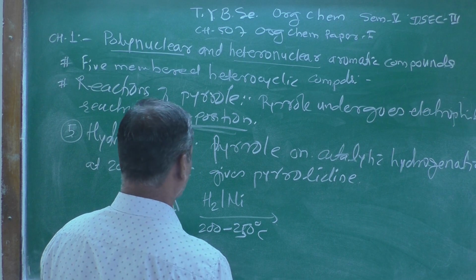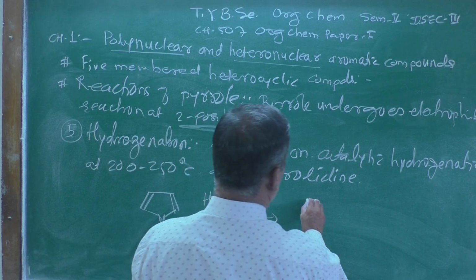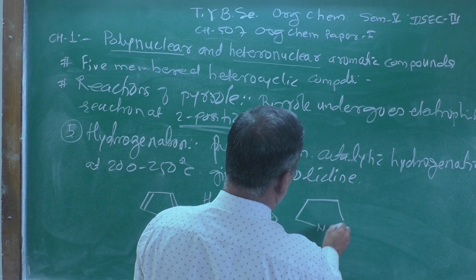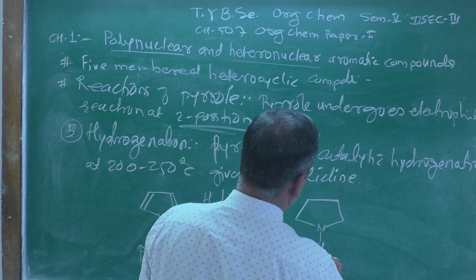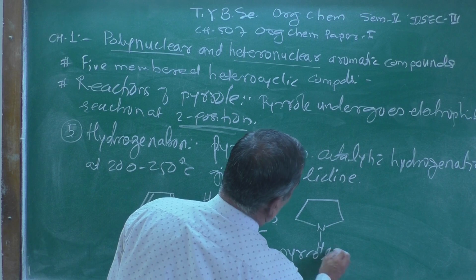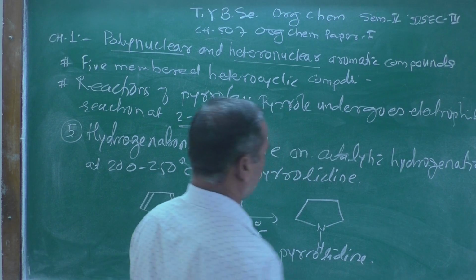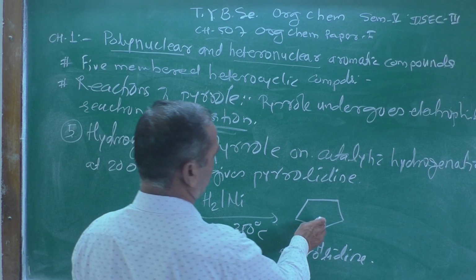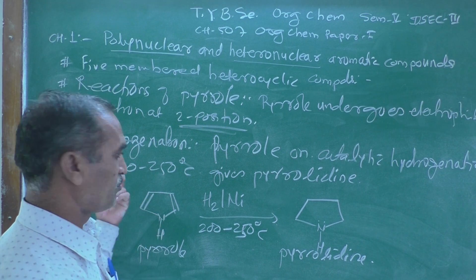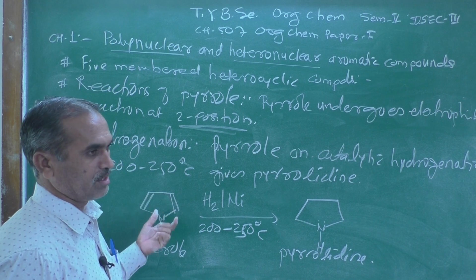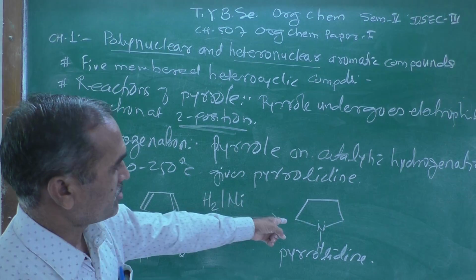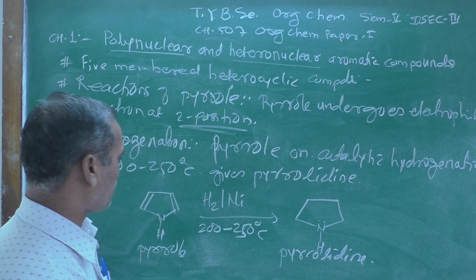The product which we are going to get here is this one. This is pyrrolidine. And one question may appear here: pyrrole is an aromatic compound, as we know, because it fulfills the aromatic criteria, but pyrrolidine is a non-aromatic heterocyclic compound.